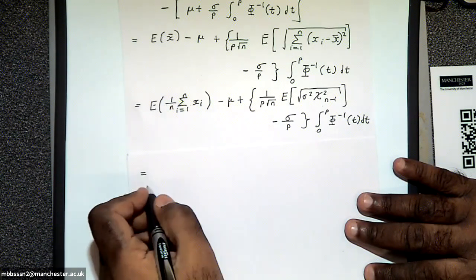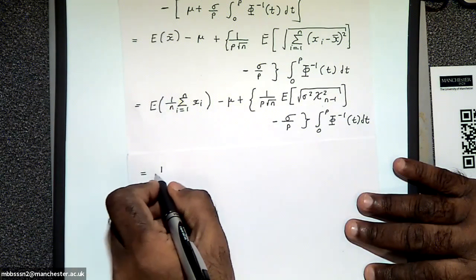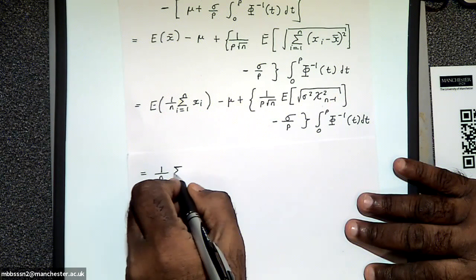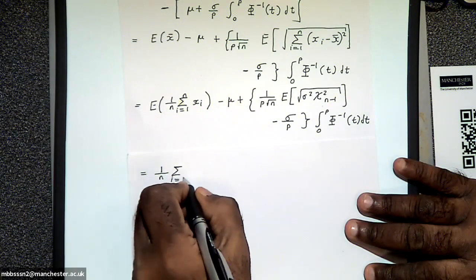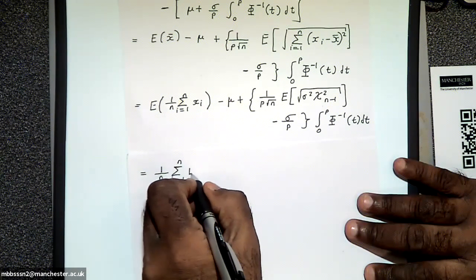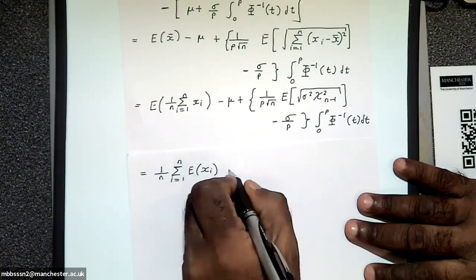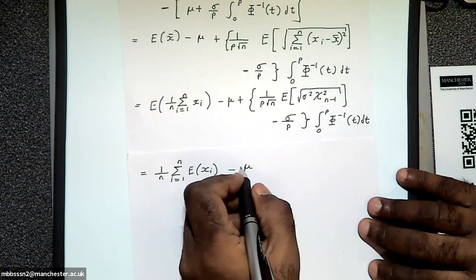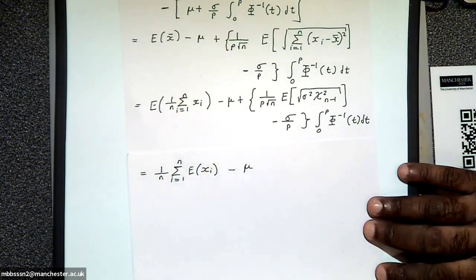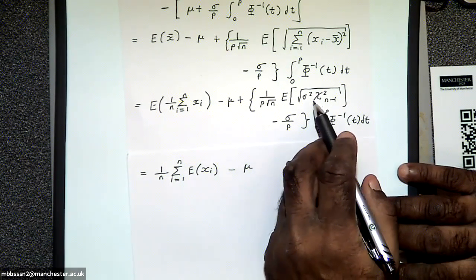Now, if you take the expectation inside, you get, there's a sigma squared here, right?